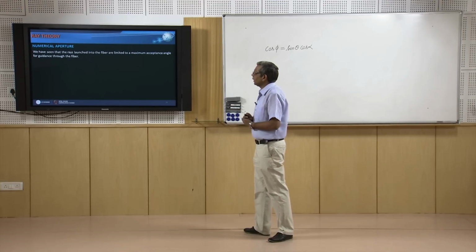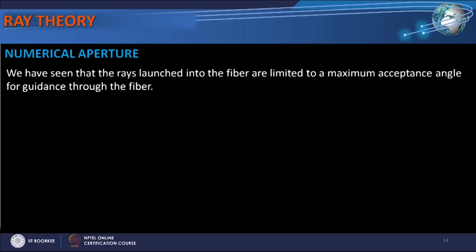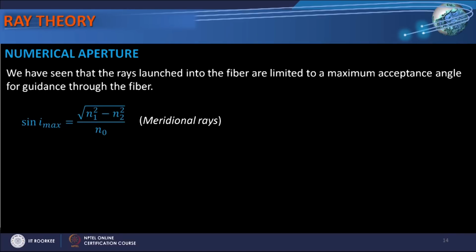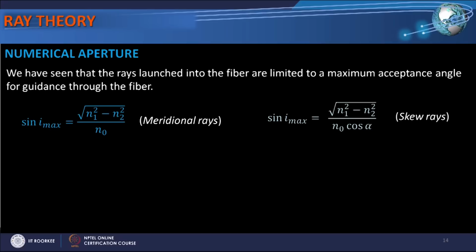Now, let us look at numerical aperture of the fiber. We have seen that the rays launched into the fiber are limited to a maximum acceptance angle for guidance through optical fiber. For meridional rays, this acceptance angle is given by sin I max equal to square root of n1 square minus n2 square over n0, and for skew rays it is square root of n1 square minus n2 square over n0 cos alpha.